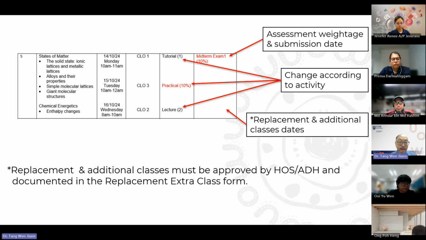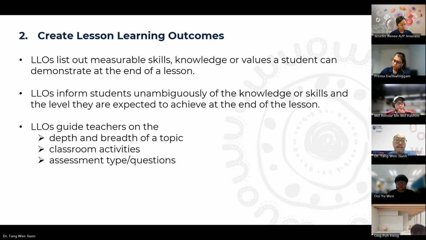All right, so this is how we can use this course outline effectively to plan for the entire semester. So first, course outline, entire semester, done already. Now we know what we need to cover. We go to the next one, lesson learning outcomes.